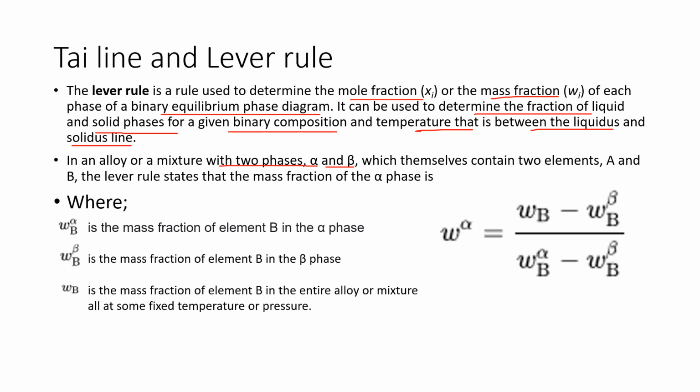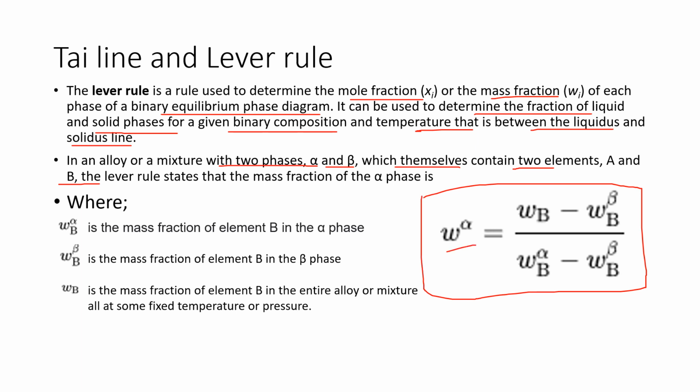In an alloy or a mixture with two phases alpha and beta, which themselves contain two elements A and B, the lever rule states that the mass fraction of alpha phase is, this is the generalized formula, WA = (WB minus WB beta) divided by (WB alpha minus WB beta), where WB alpha is the mass fraction of element B in alpha phase, and WB beta is the mass fraction of element B in beta phase.